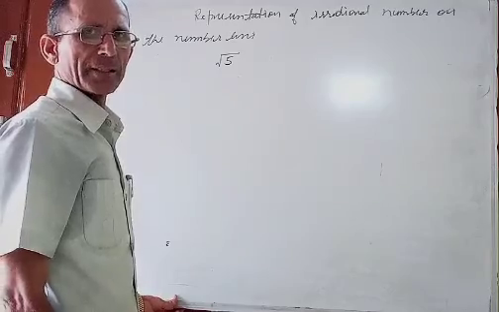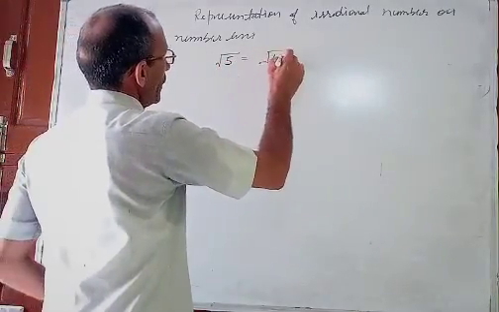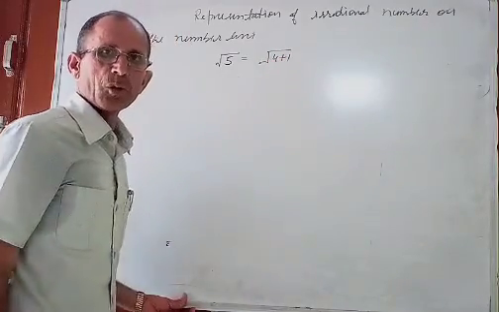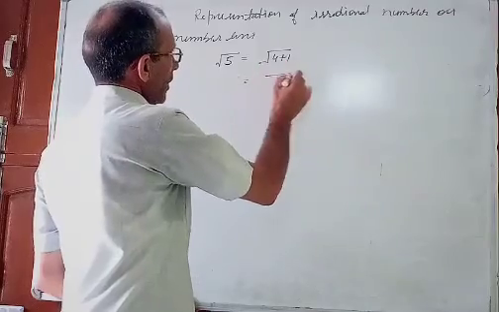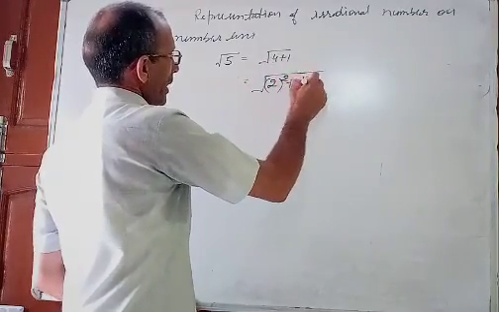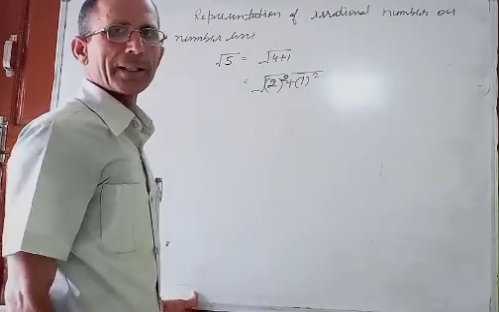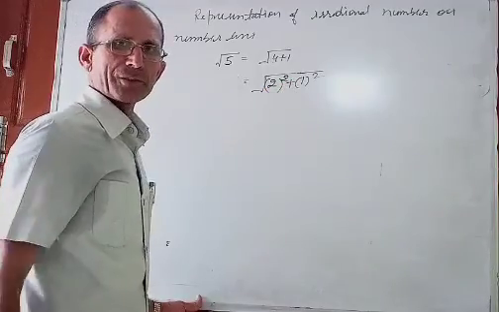So there are two methods. First of all, root 5 is equal to 4 plus 1. 4 is the square of 2 and 1 can also be written as a square. So 2 square plus 1 square.